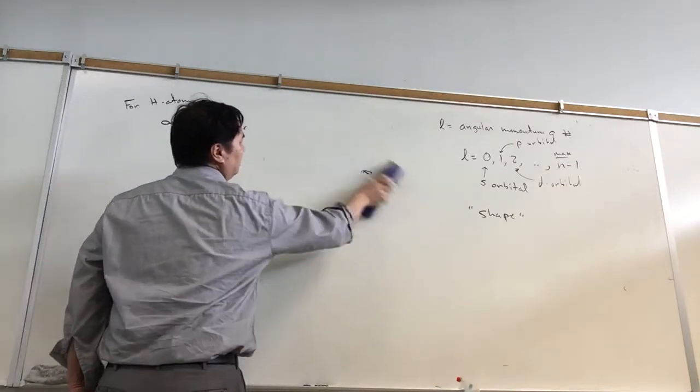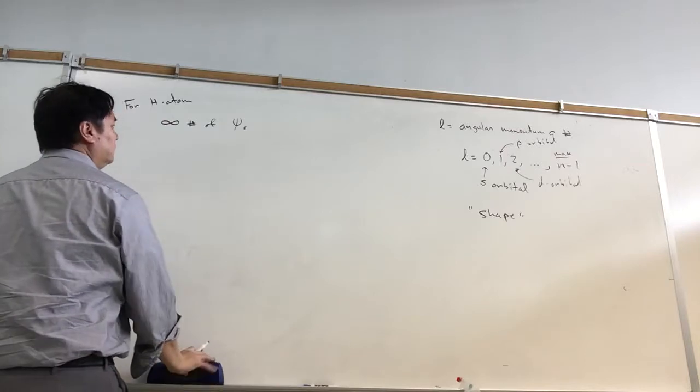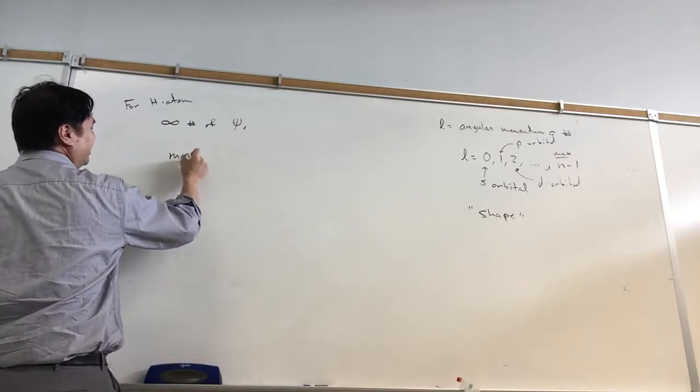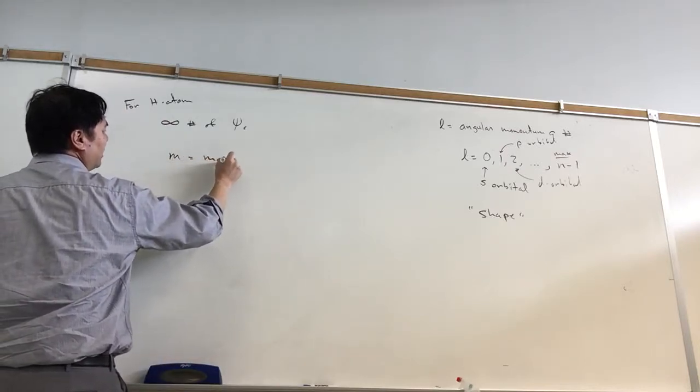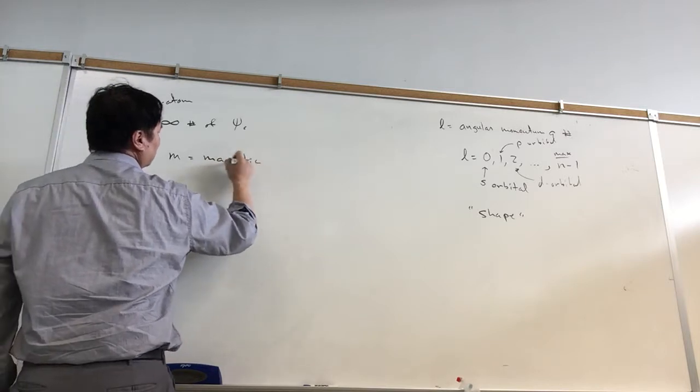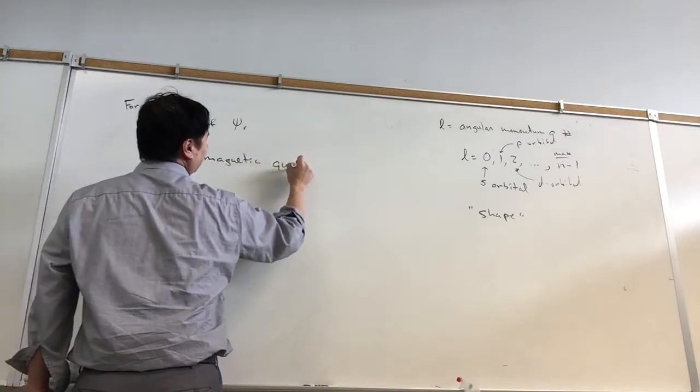Finally, the last quantum number, m, is called the magnetic quantum number.